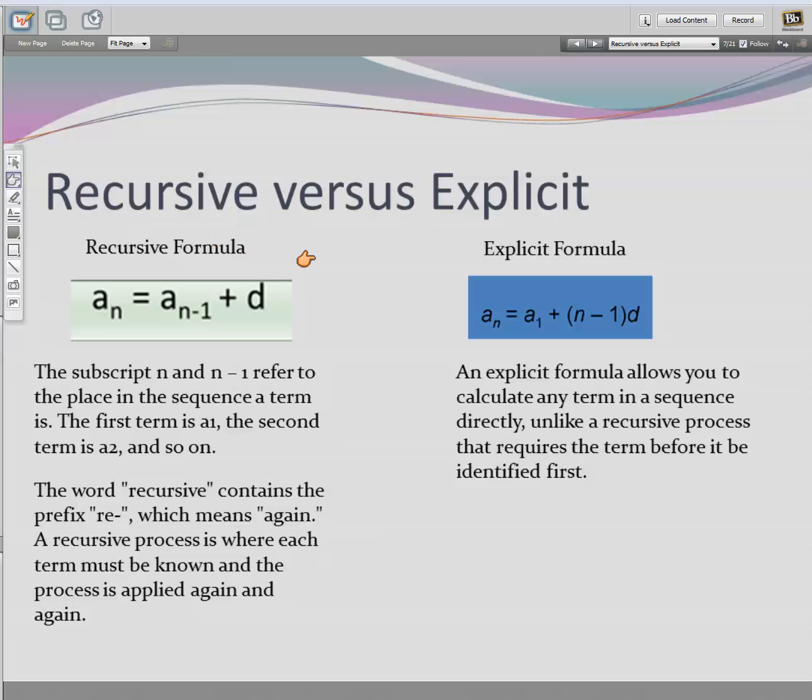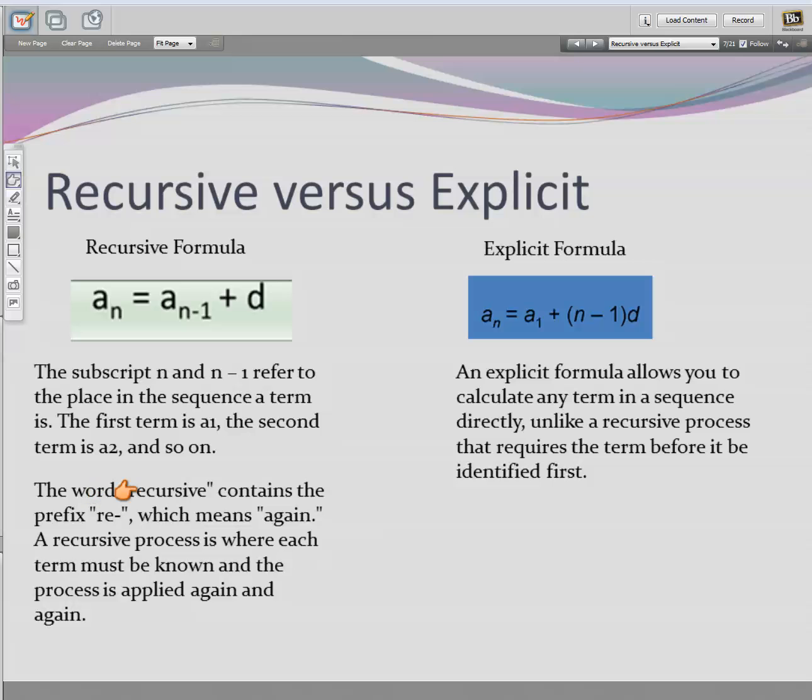Okay, so we've already seen the explicit formula. There is something else called the recursive formula. We don't use this one too often, but what we have here is a sub n equals a sub n minus 1 plus d. The subscripts n and n minus 1 refer to the place of the term in the sequence. So the first term is a sub 1, the second term is a sub 2, and so on.